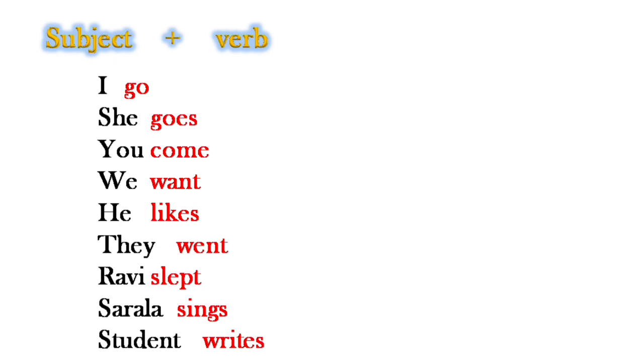Like this, we can construct very easily by using the subject like a noun, pronoun, names, things. It goes, it comes, it reads. They come, they go, they play, they wanted, they asked. I asked. Like this, we can construct many more sentences by using the subject and verb.